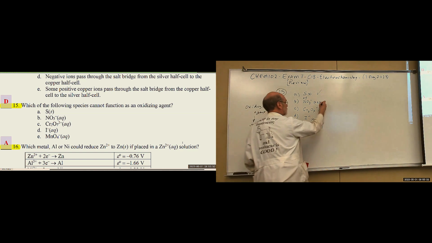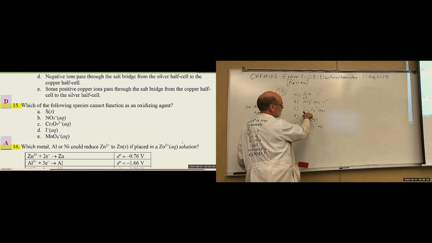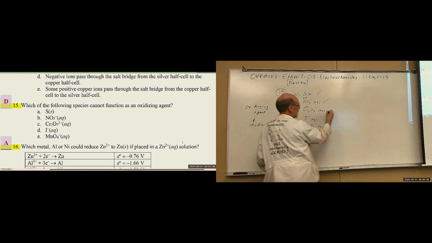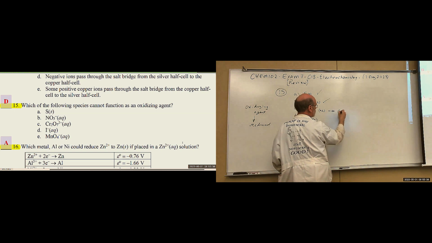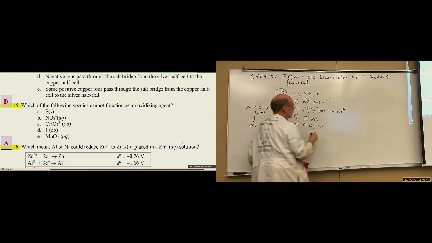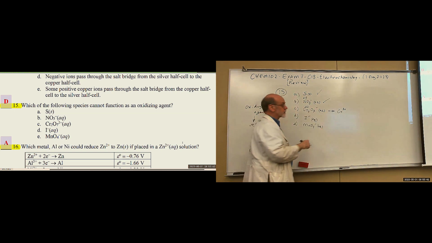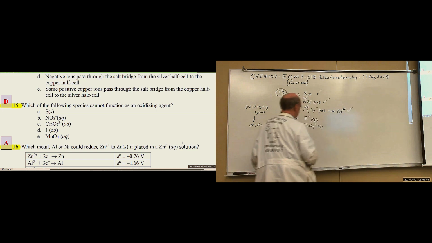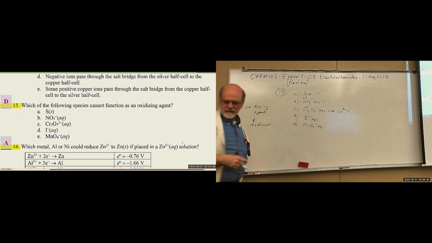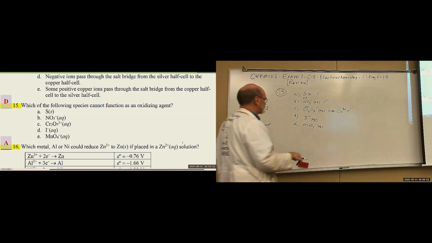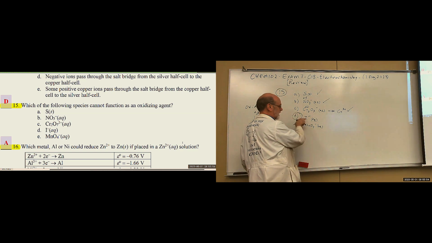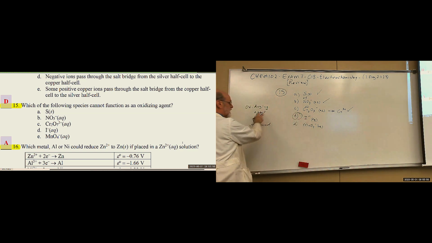All right, so that's a good one. We already did this one. This is +6, and in a previous example, it went to chromium 3+. Right? It can be reduced. How about iodine? Iodine -1. No, that's the most reduced it can get. There's the one.